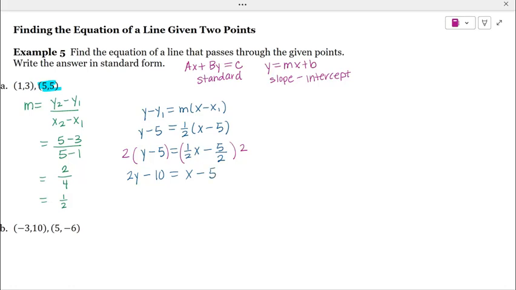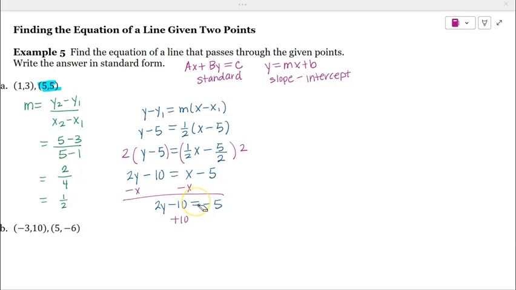And then I want to get the variables onto one side and the numbers onto the other side. So let's subtract x from both sides. And then we'll add 10 to both sides.